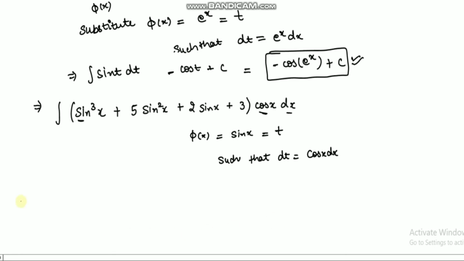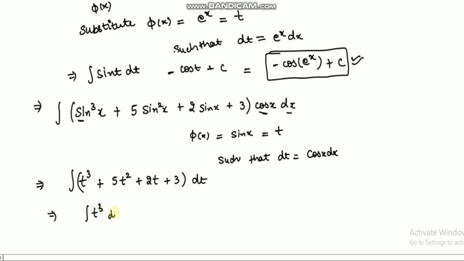So our new integration becomes integration of t cube plus 5t square plus 2t plus 3 dt. Just simply take this integration one by one.